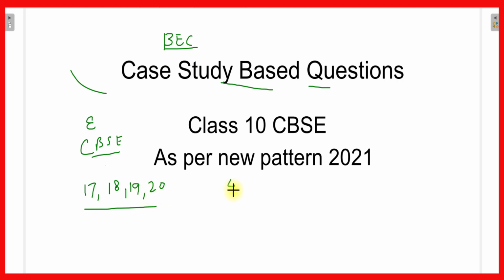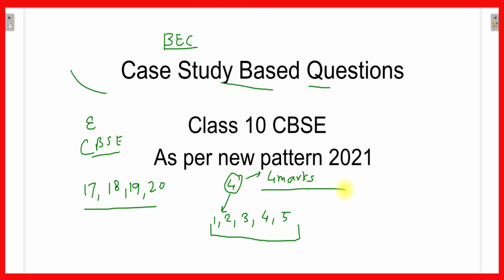In all, there will be 4 questions, and each question will have 5 sub questions, and out of these 5 questions students have to attempt any 4, and each question will be of 4 marks. In such a way there will be 4 questions, 17, 18, 19 and 20, and therefore the total case study based questions will be of 16 marks.